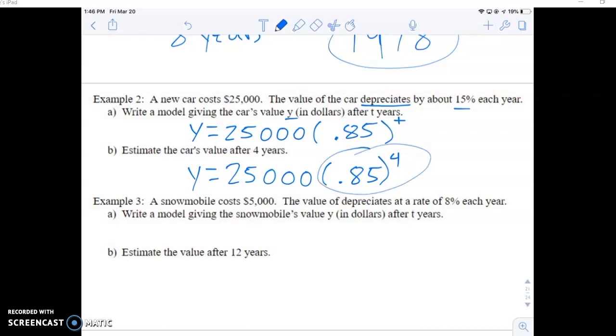So 0.85 to the 4th power, which gives us 0.522, and then you multiply that by 25,000. We figure out it's $13,050.16. So that would be our answer.